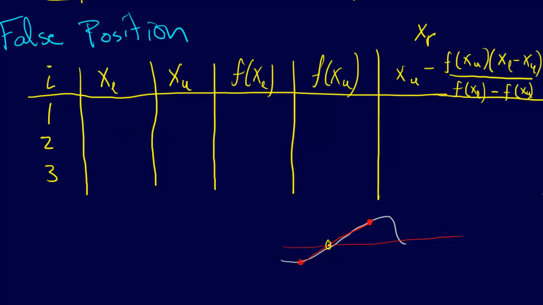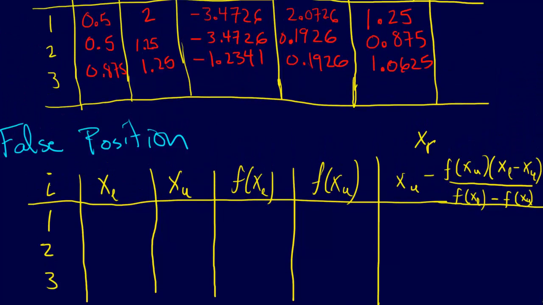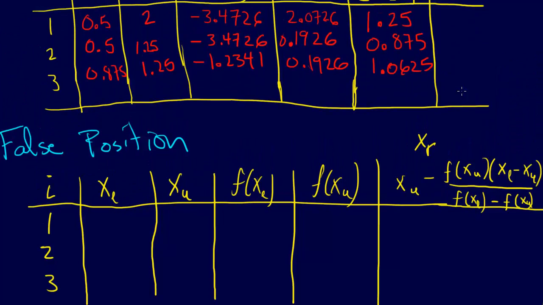So let's start filling this in. XL is going to equal 0.5. XU is going to equal 2. And we're going to have the same thing for FXL and FXU, minus 3.4726 and 2.0726.